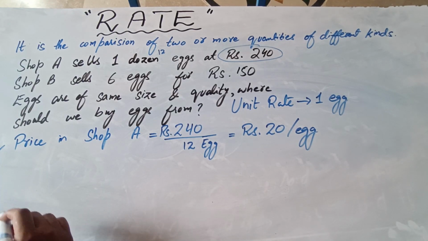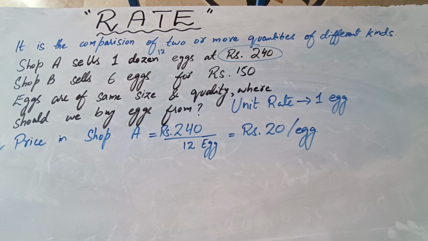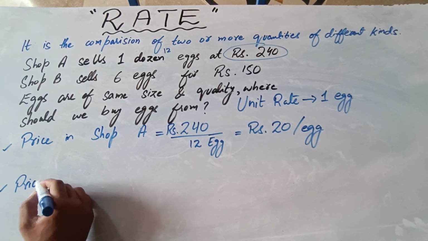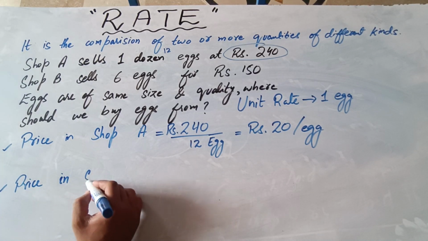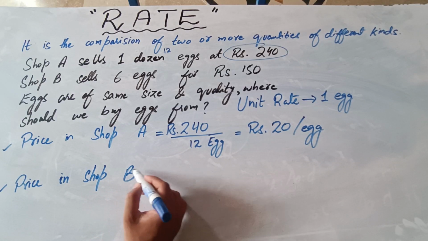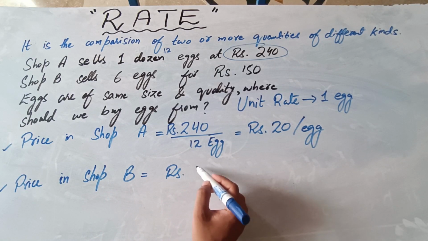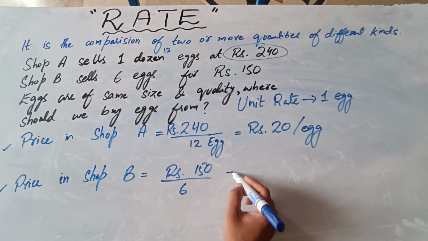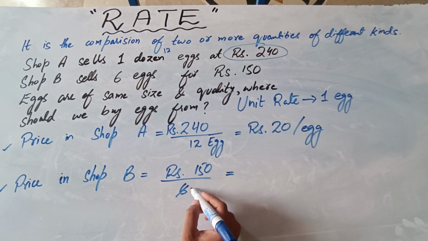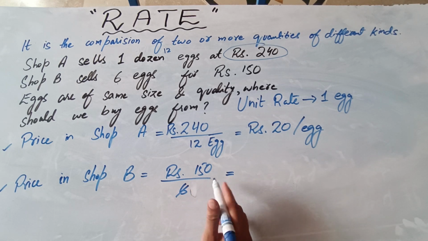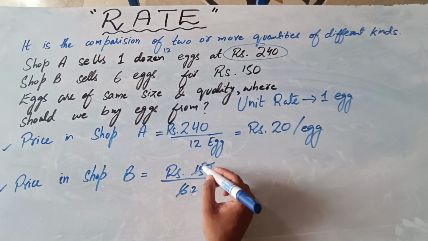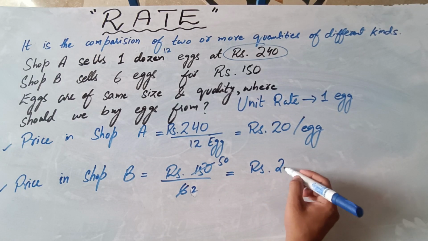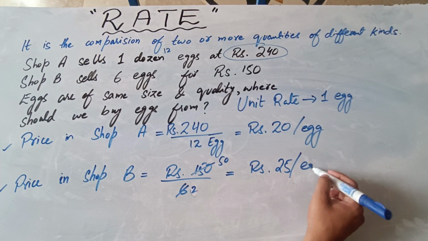Now let's find out the unit rate of eggs at shop B. So now we will find out the price in shop B. Again we will divide 150 by the number of eggs, 6. So 3 2s are 6, and 3 50s are 150. 50 upon 2 means rupees 25 per egg.